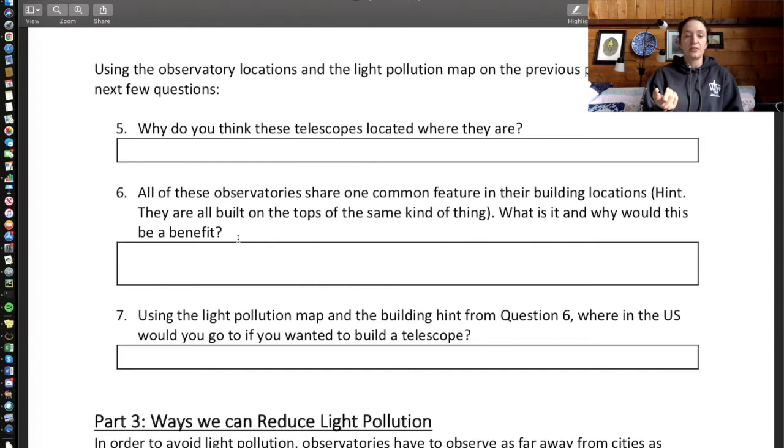So how do we get above that? What geographic feature does the world have that elevates something that gets us above that ground or lowermost layer, gets us above all that turbulent atmosphere, gets us above sometimes even the clouds, so we don't have to worry about weather?